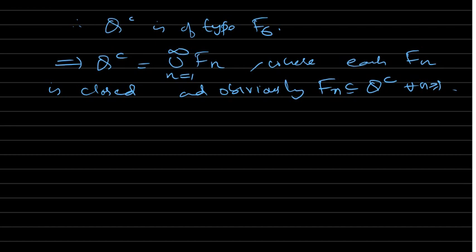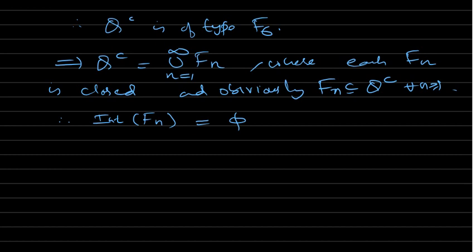So what is the interior of Fn? It is obviously the empty set, because if it contains an interior point, then there is some interval around that point which sits inside Fn, but every interval contains both rationals and irrationals, which is not the case.